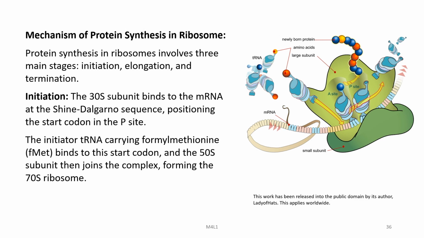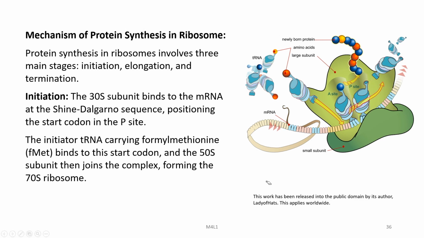Protein synthesis in ribosomes involves 3 main stages: the initiation stage, the elongation stage, and the termination stage. In initiation, the 30S subunit binds to the mRNA at the Shine-Dalgarno sequence, positioning the start codon in the P site. So, you can see here the P site.